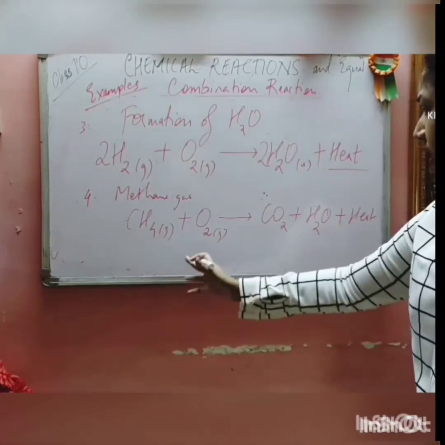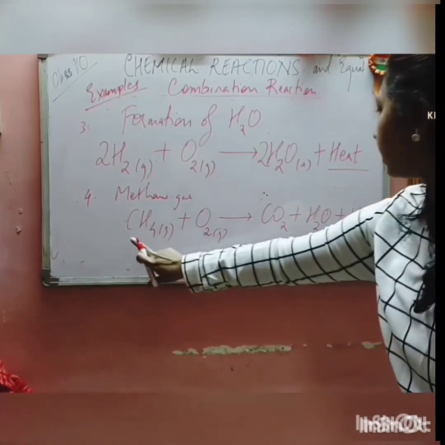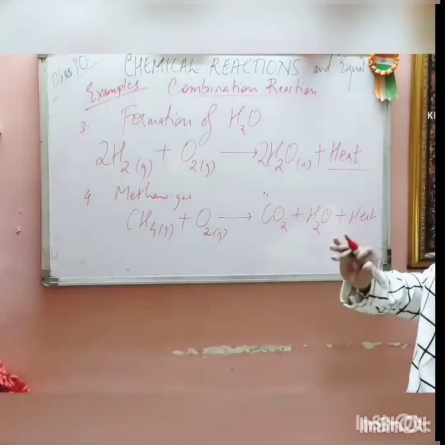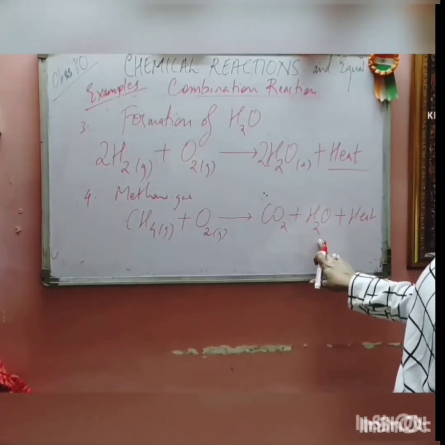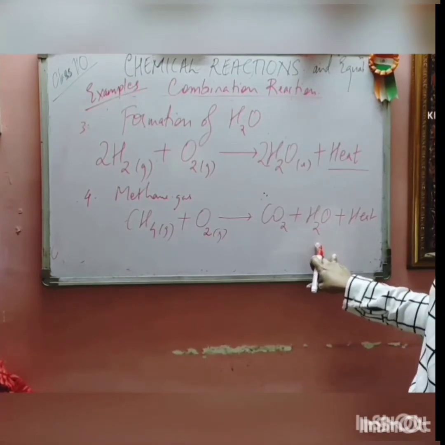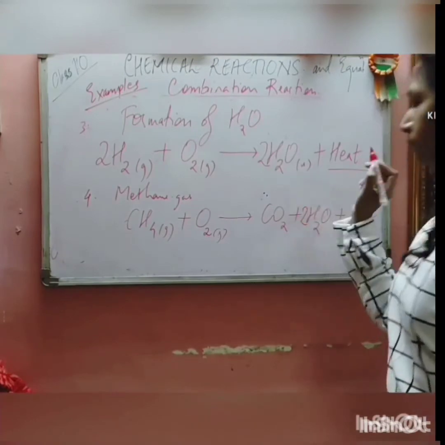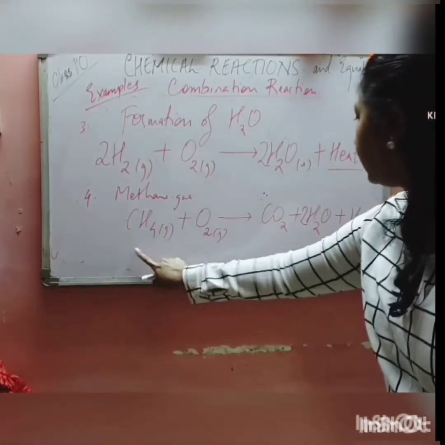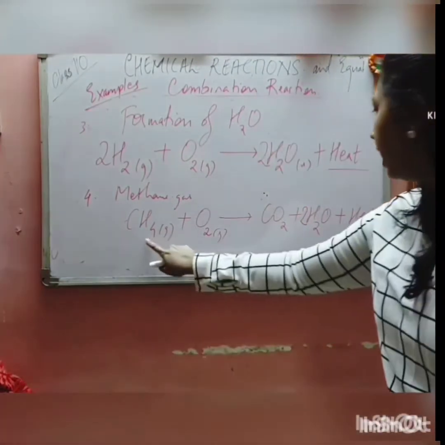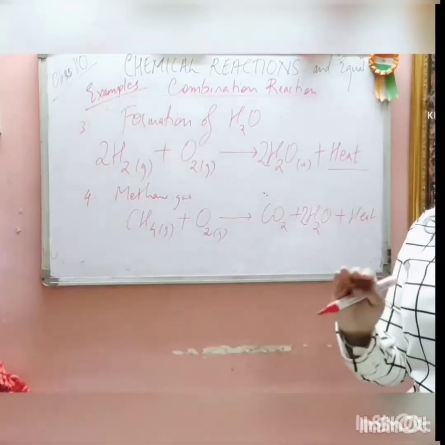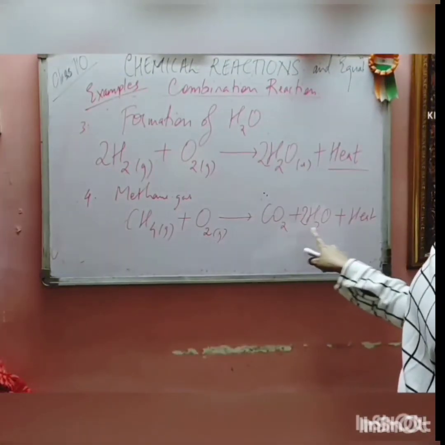Now let's check whether it is balanced. Carbon balanced. Let's see, hydrogen. H2, there is 4, so we need to balance hydrogen. Again check. C balanced. H4 balanced. Now let's check oxygen.